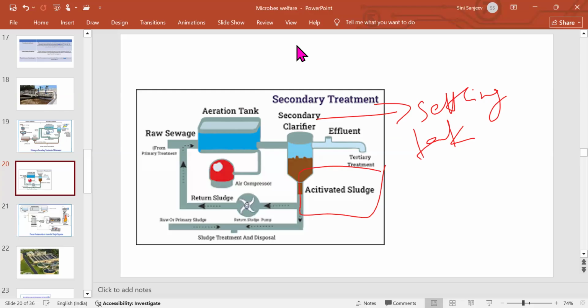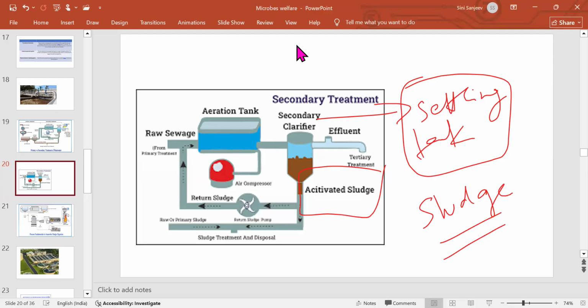Already because of the air, the bacteria have grown, the organic matter has been fed on by the bacteria and fungal flocks, and the BOD is being maintained now over there. So this activated sludge is nothing but the bacterial flocks which have been allowed to settle in this settling tank. That basically forms your sludge.